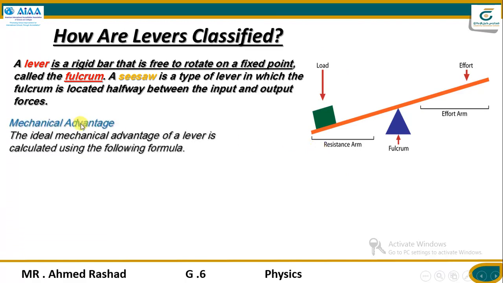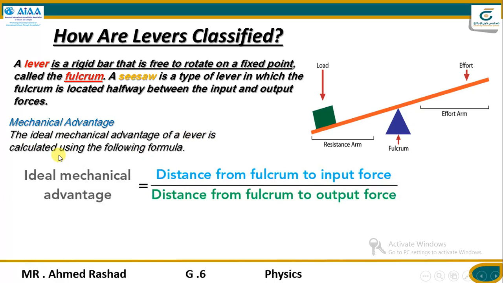Mechanical advantage. The ideal mechanical advantage of a lever is calculated using this formula, which is different from the inclined planes. We calculate the ideal mechanical advantage by dividing the distance from the fulcrum to the input force by the distance from the fulcrum to the output force.